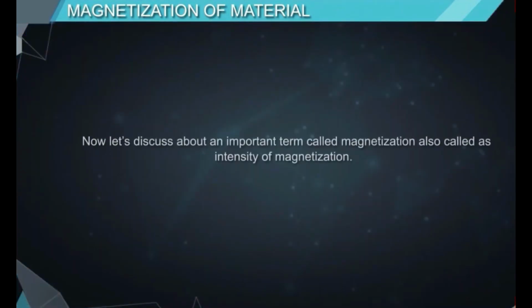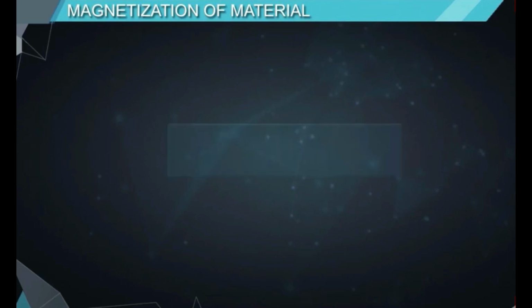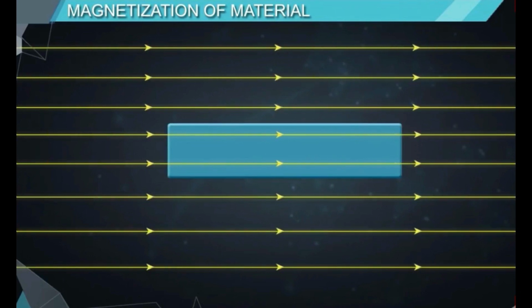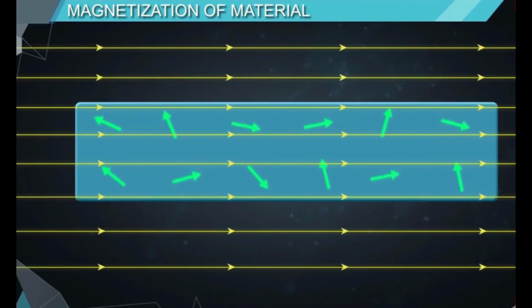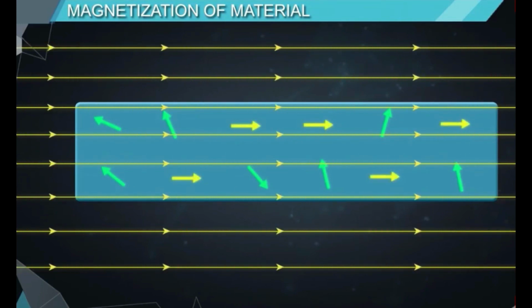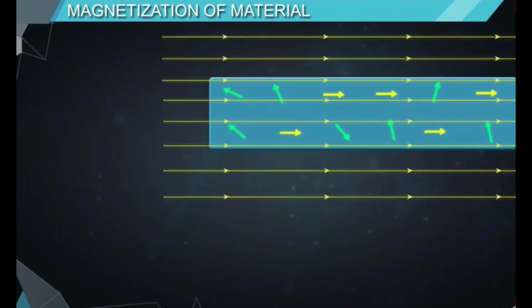Now let's discuss an important term called magnetization, also called intensity of magnetization. When a magnetic material is subject to a magnetizing force, the material becomes magnetized and develops a net magnetic moment that is not equal to zero.